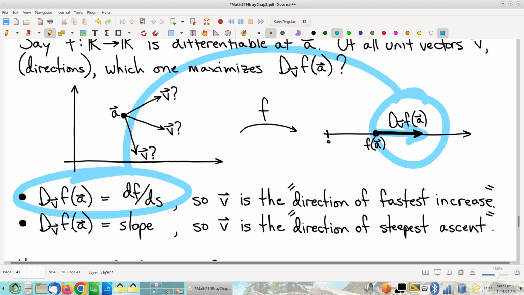So if we're trying to find which direction I should go that makes how fast the function is increasing as big as possible, wouldn't it be reasonable to call this the direction of fastest increase? Because that's the direction you go to make the function increase as fast as possible. Right? I think it's very natural language. It practically justifies itself.